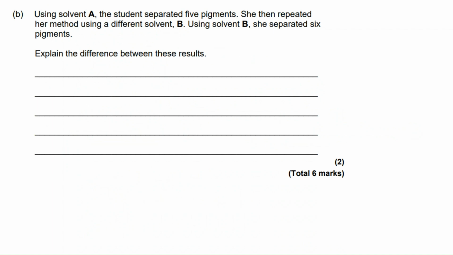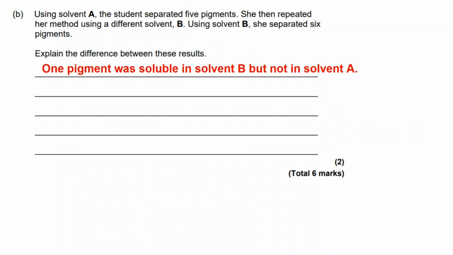So, as I said earlier on in the video, there are lots of different things that can affect the separation of the pigments. I was talking about solubility and affinity. This is what I've written.